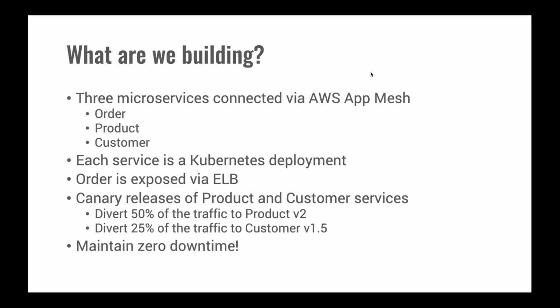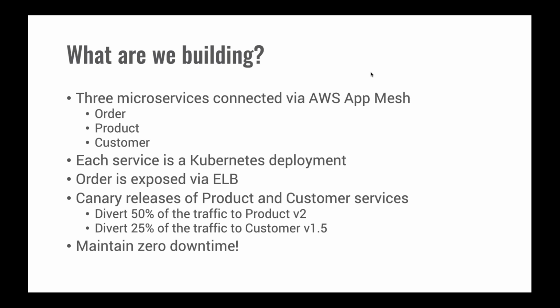Now, we'll first deploy V1, and then after we go live with V1, while the application is still running with 0 downtime, we will deploy V2 of product service and drive 50% of traffic to V2. And once that stabilizes, we'll deploy V1.5 of customer service and drive 25% of the traffic to customer version 1.5.